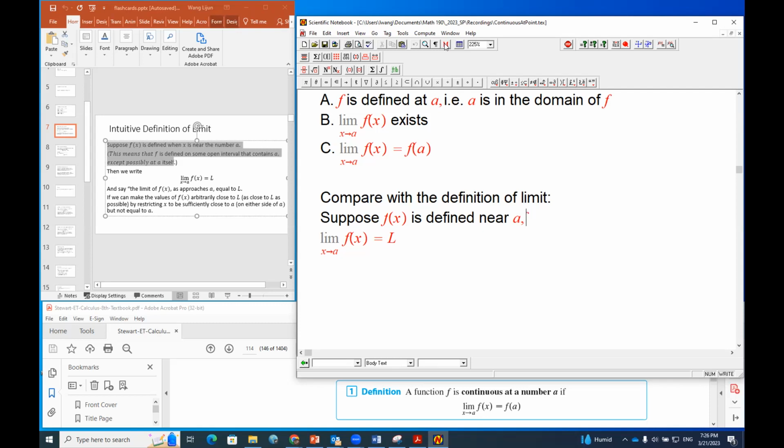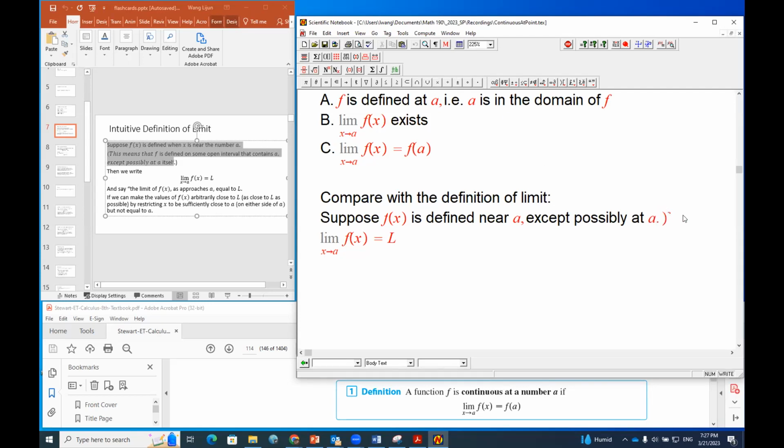It doesn't have to be defined at A. F is defined near A, meaning that it is defined on an open interval, except possibly at A itself.